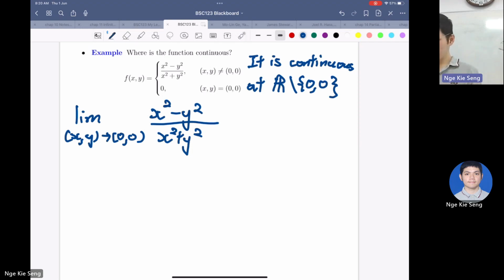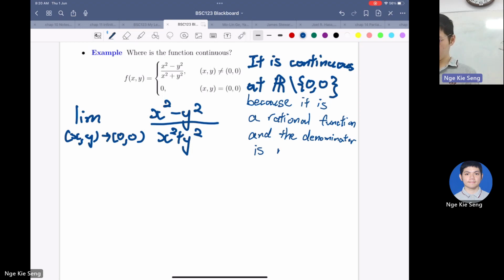Because it is a rational function, and the denominator is not zero. Okay. So let's check what happens nearest to the origin.